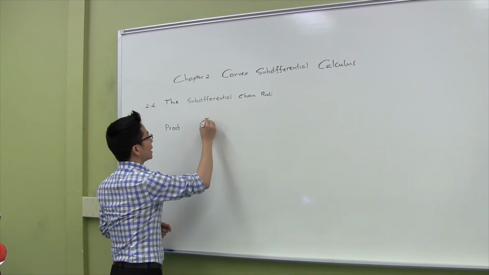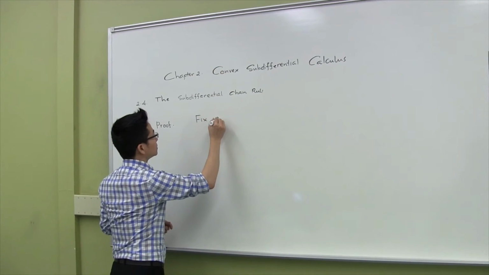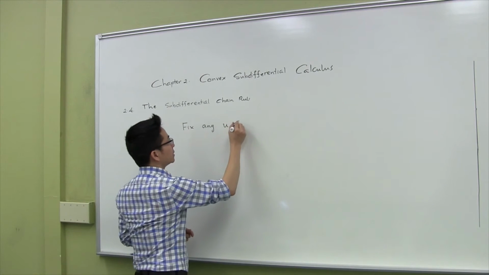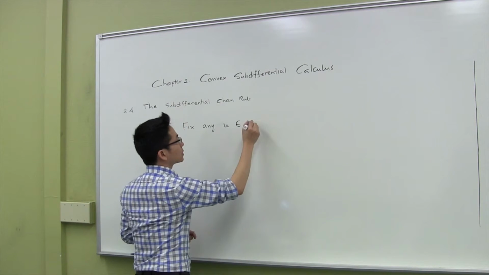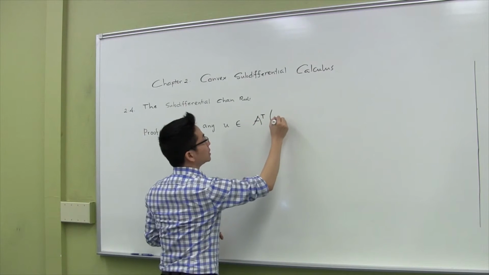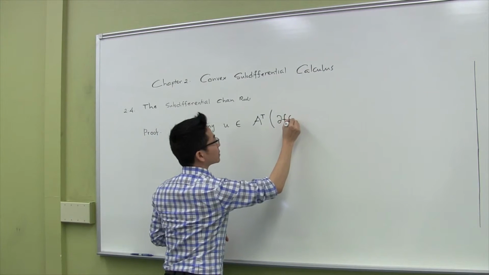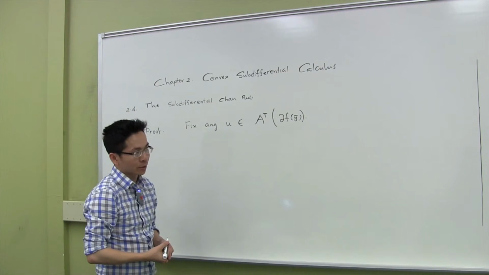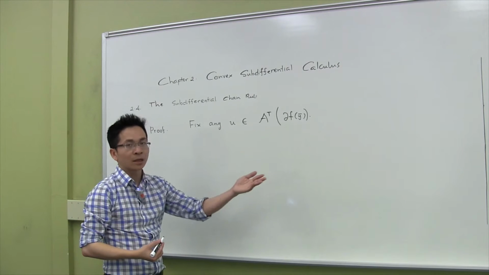We fix any u in this set A transpose of the subdifferential of f at y bar. Our goal is to show that u belongs to the set on the left.